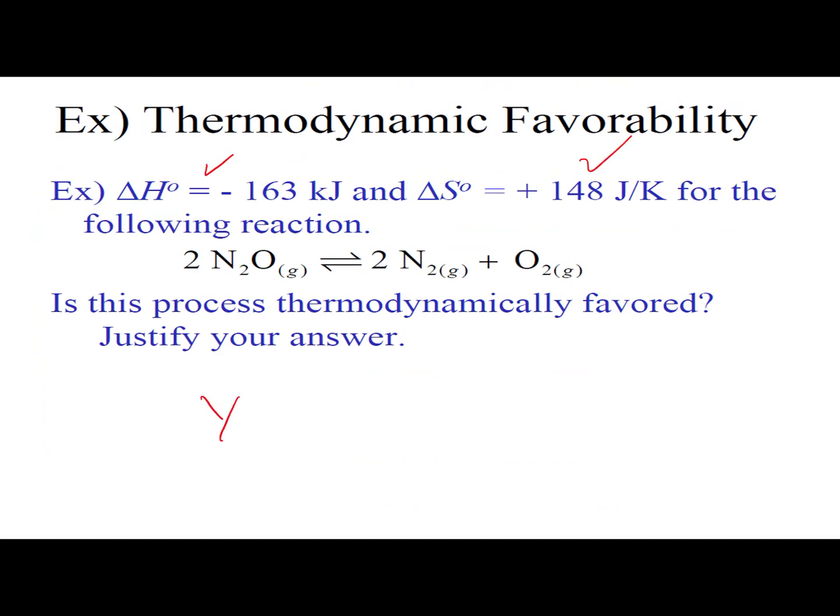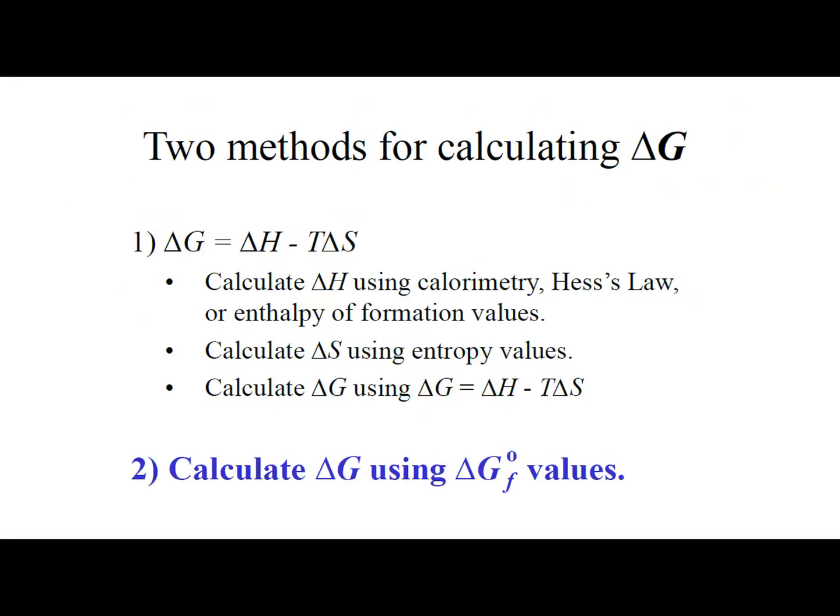That's the nirvana of how to get a negative delta G. So yes, this reaction is thermodynamically favored, and your justification would be that the delta H is less than 0 and the delta S is greater than 0. That's all it will take.